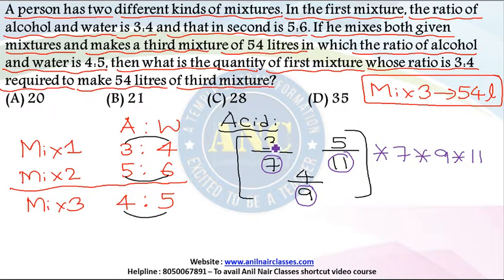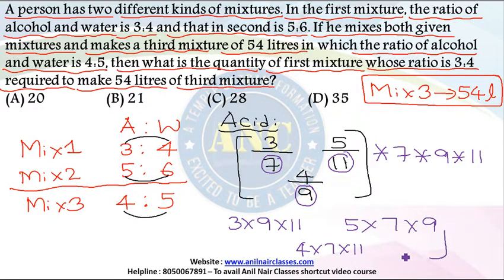If I multiply, the first value becomes 3 by 7 into 7 into 9 into 11. 7 cancels, so it is 3 into 9 into 11. The second one, 11 cancels, it is 5 into 7 into 9. And the middle one is 4 by 9 into 7 into 9 into 11. 9 cancels, it is 4 into 7 into 11.